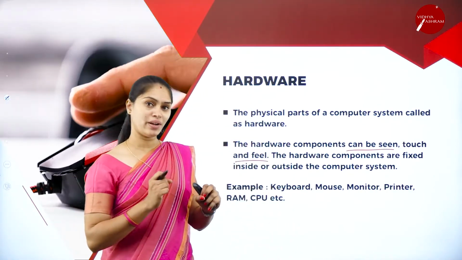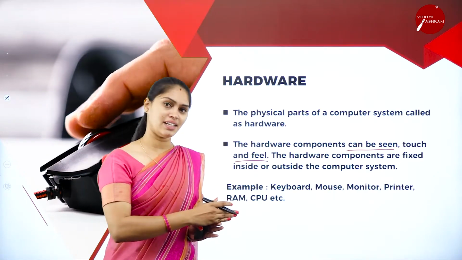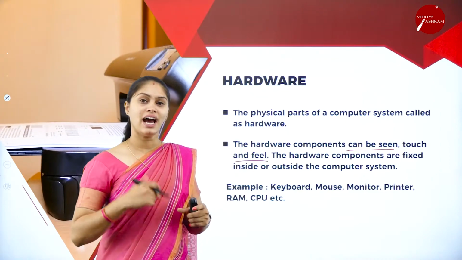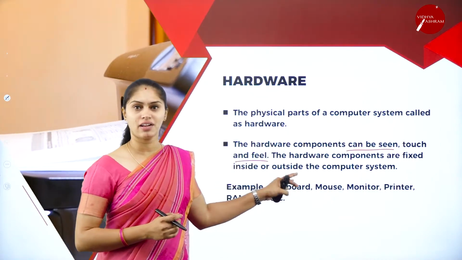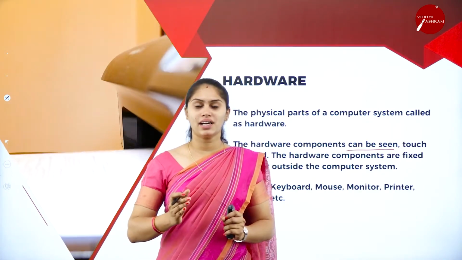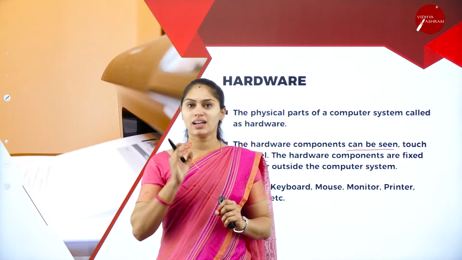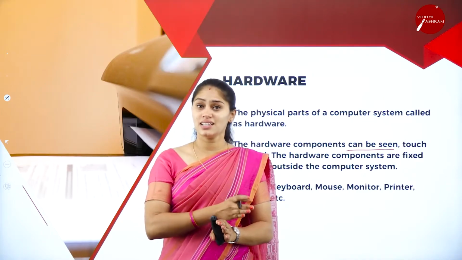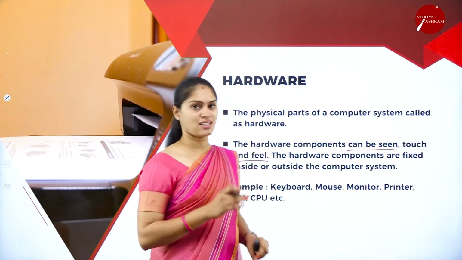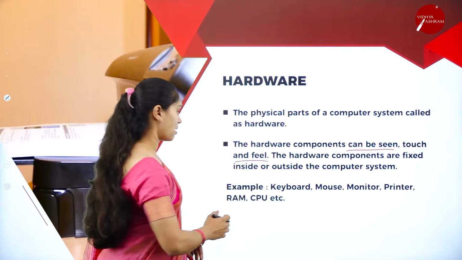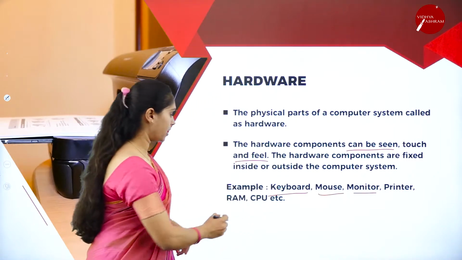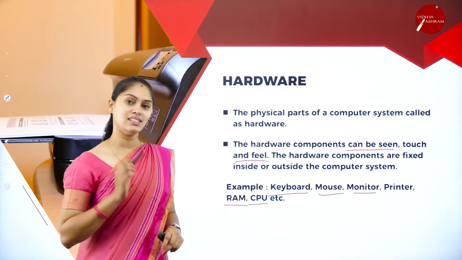These components may reside either inside the computer or outside the computer. Based on that, I can categorize the hardware as located inside or outside the computer system. RAM, for example, resides inside the computer, but I can feel and touch it. Examples are keyboard, mouse, monitor, printer, RAM and CPU.